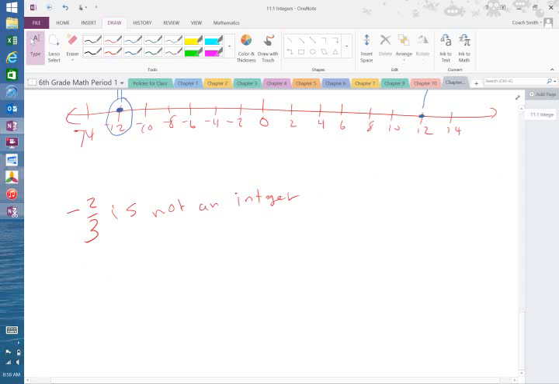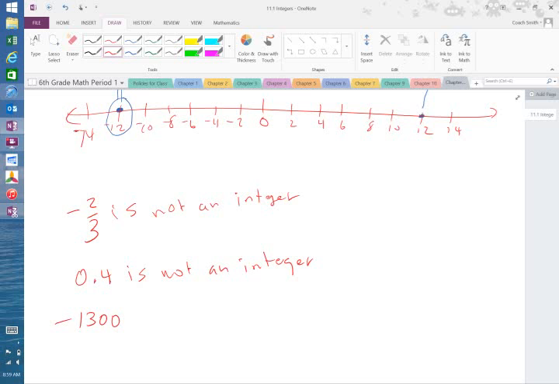Okay, well, what about 0.4? Is 0.4 an integer? Okay, why not? Because it's not a counting number. Okay, it is not an integer. Okay, what about negative 1300? Yes, it is.